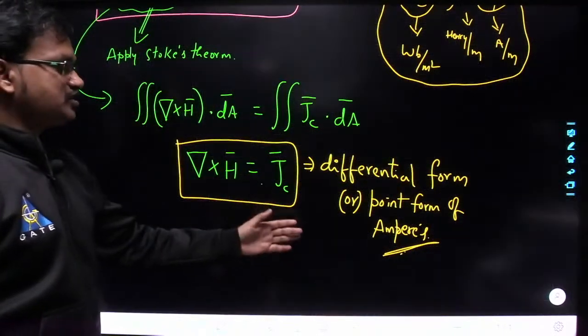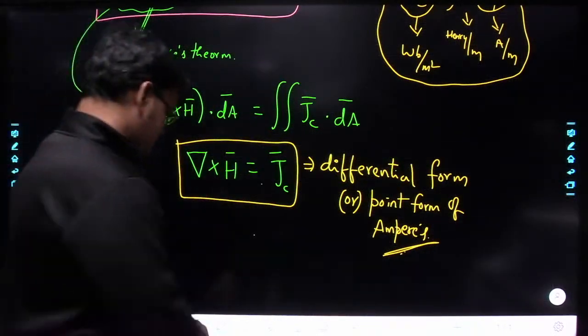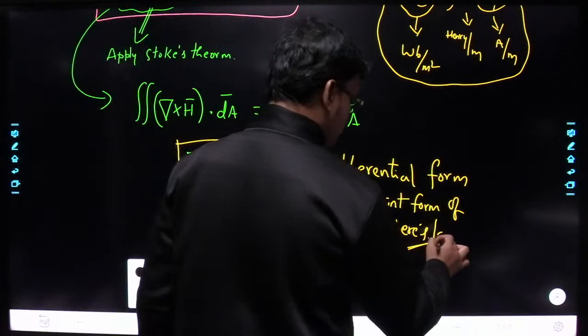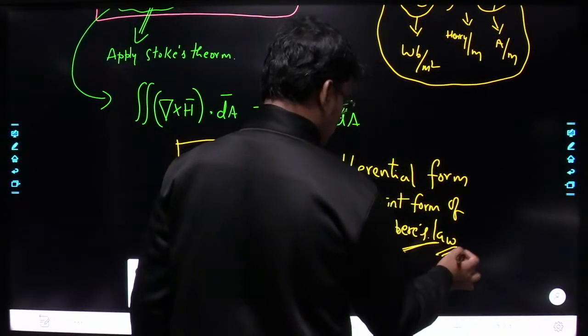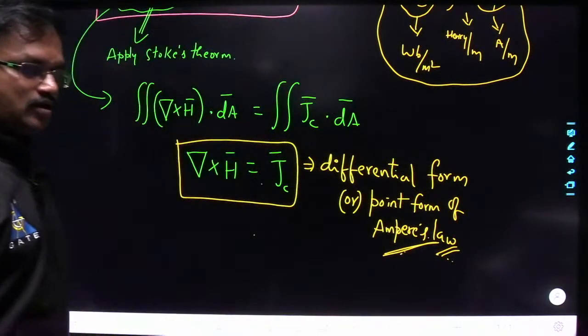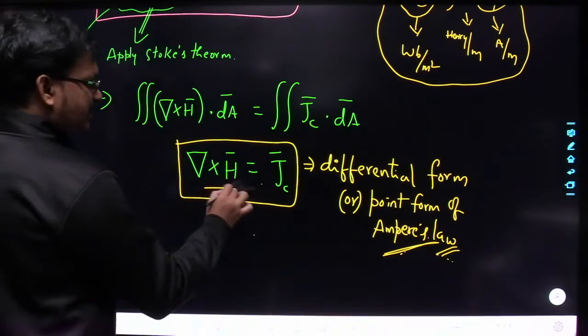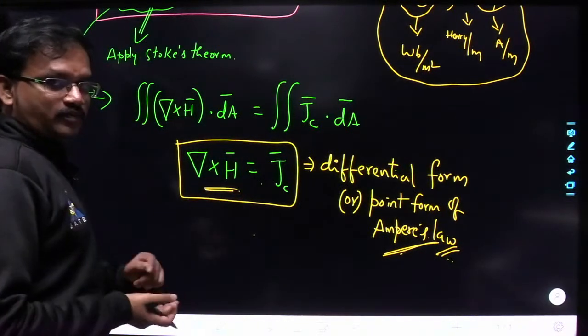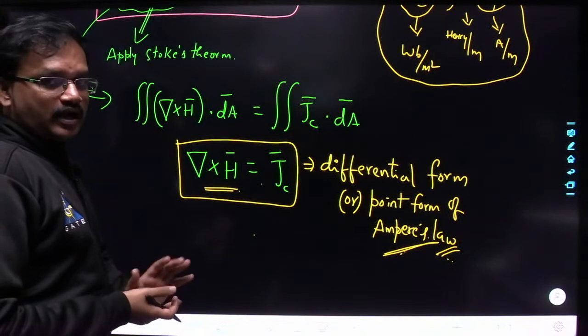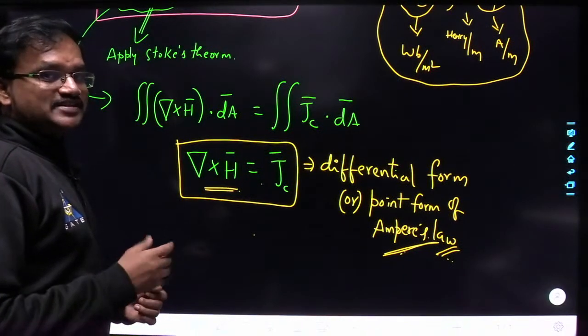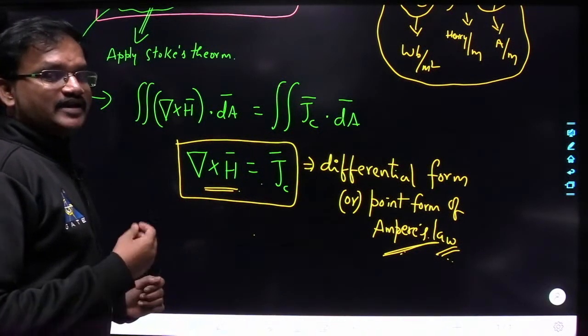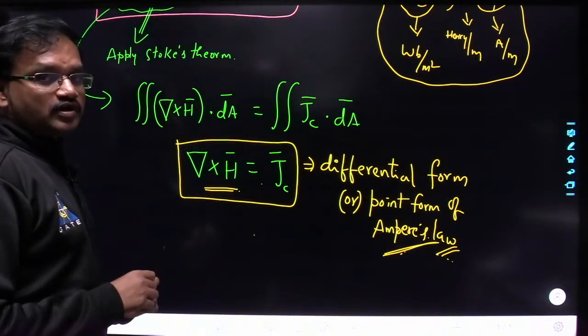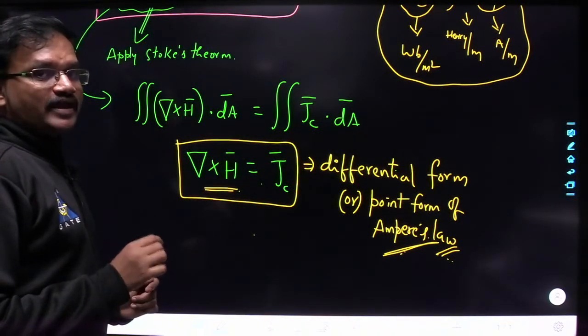So this is the differential form or point form of Ampere's law. Okay. So what is this saying here? What do you mean by curl? Curl is a measure of the circulation of the vector field about any point.